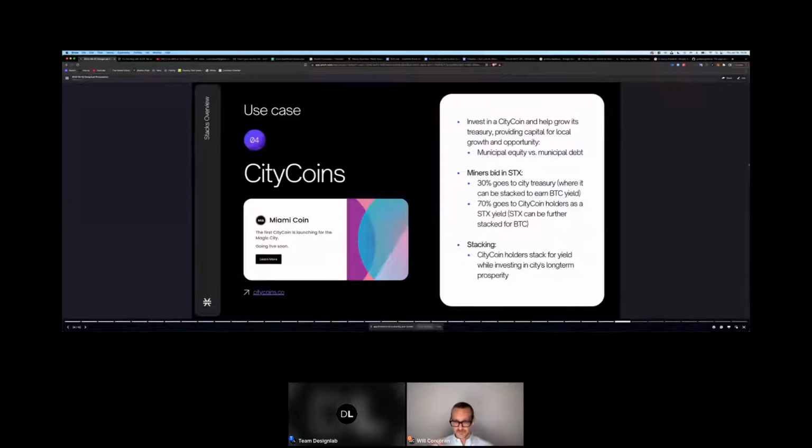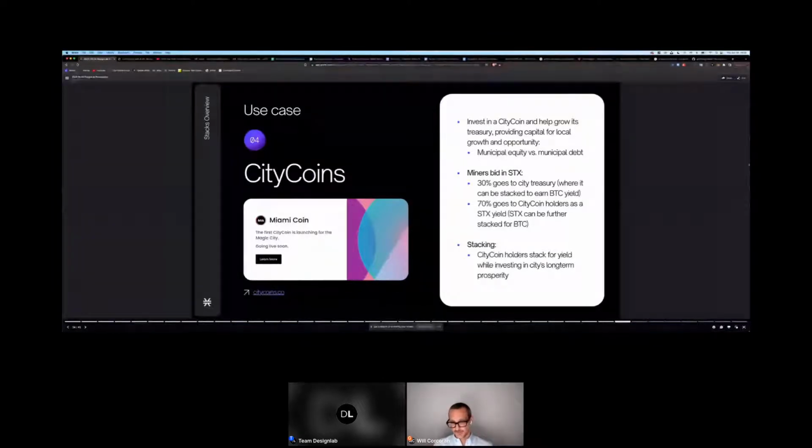What happens is all the Stacks that goes into that contract to earn that new token, well, 30% of that Stacks goes into a wallet that then earns Bitcoin yield, like I was talking about, and that wallet goes to the city. So it's like the city didn't ask for it. They didn't vote on it. They didn't have to do anything.